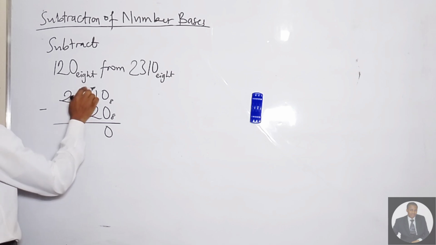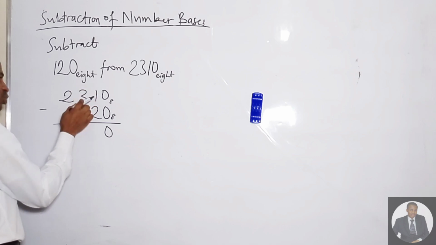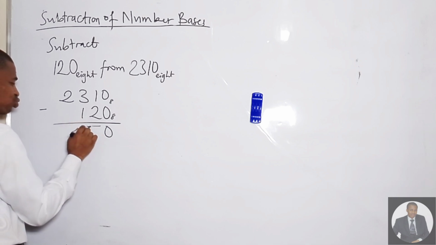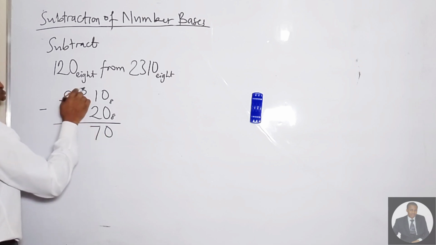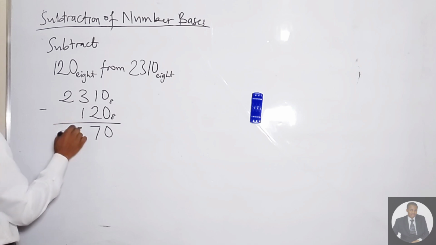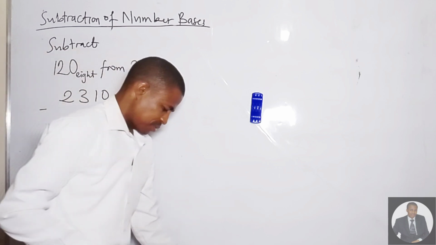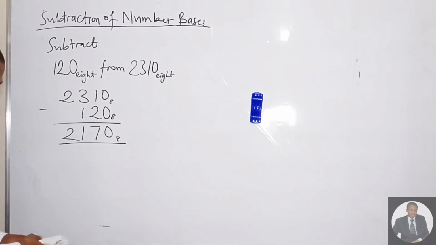The 1 we are borrowing becomes 8. So 8 plus 1, 9. 9 minus 2, 7. This remains 2. 2 minus 1, 1. Then write this 2. So this becomes our answer in base 8.